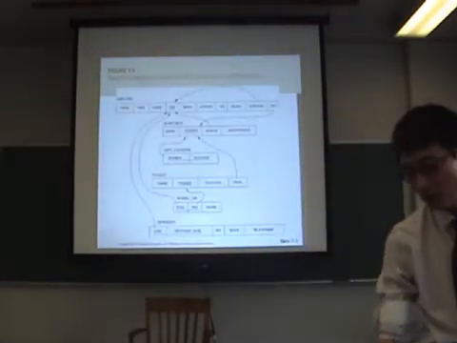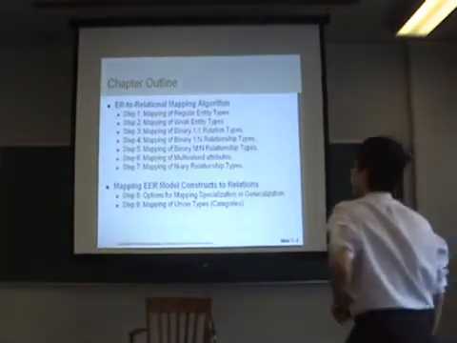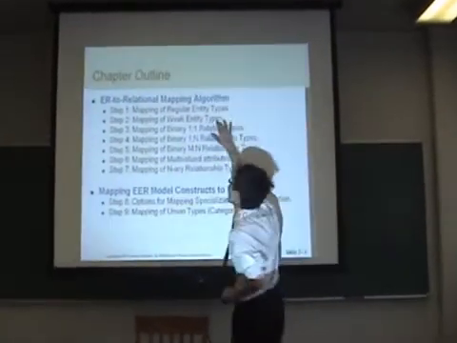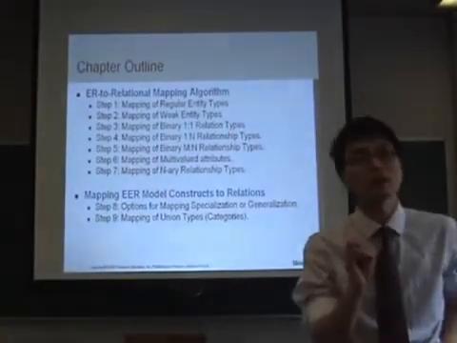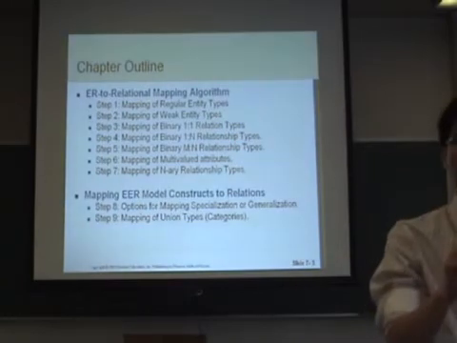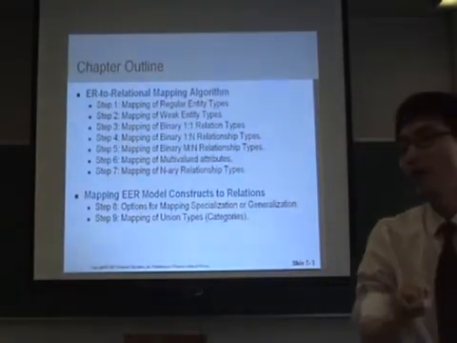The next step is the weak entity. A weak entity is the same as an entity, except that it doesn't have a full primary key, only a partial key. According to the rules in the relational database, it must have one primary key.